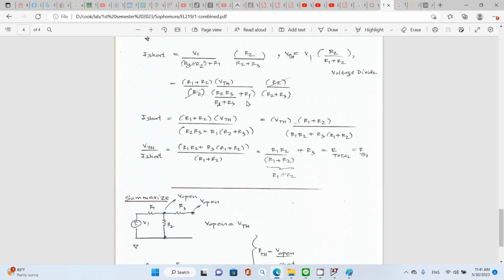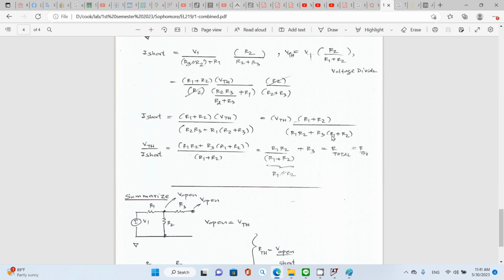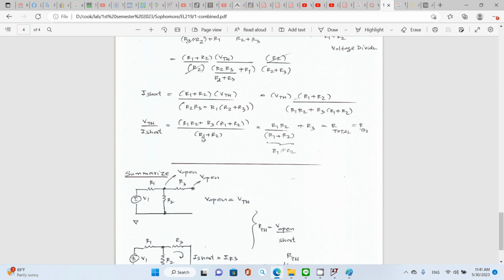And then finally R2 plus R3 cancel out. So your I short equals VTH multiplied by R1 plus R2, over R1 R2 plus R1 R3 plus R2 R3.